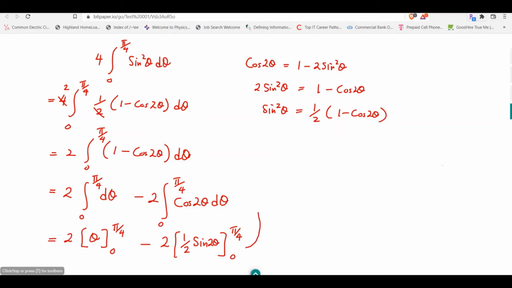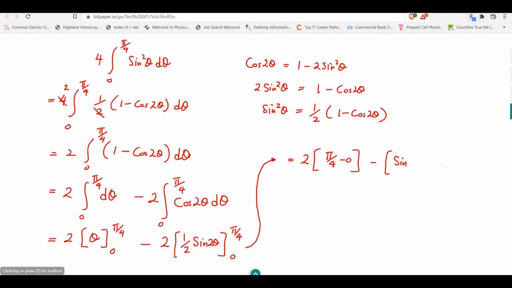So I'll finish this simplification over here. I have 2 times pi over 4 minus 0. That's for the first term. And then for the second term, you can see the 2 and the 1 half cancel out. So that means I'll simply have sine 2 theta, where theta is pi over 4.